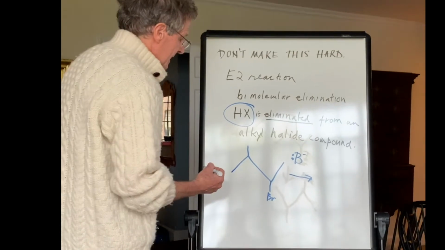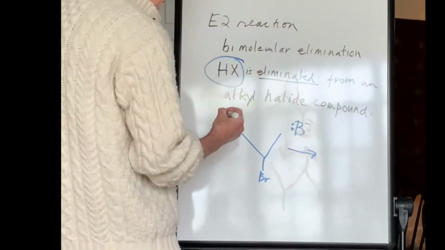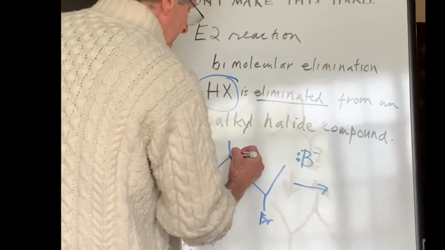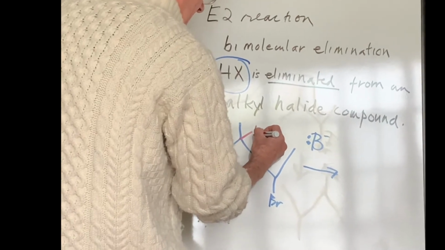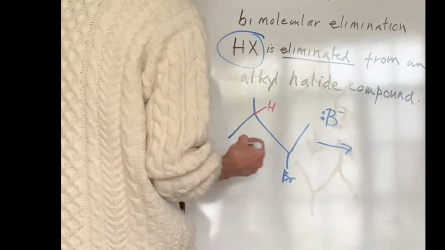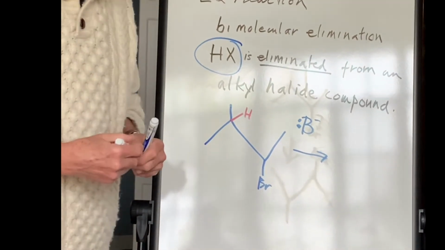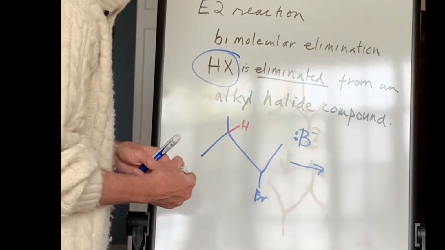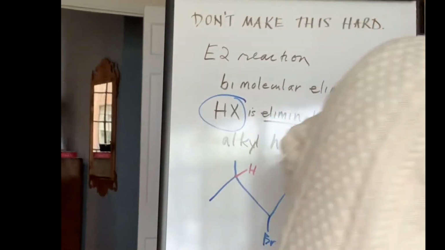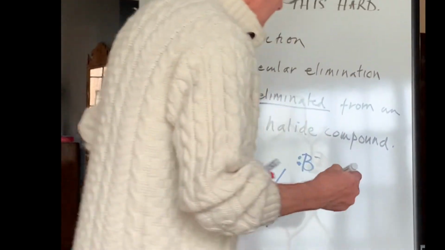Now, in this case, if the organic molecule that we're starting with has a proton on a carbon that we will call a beta carbon. This language of alpha and beta is this.